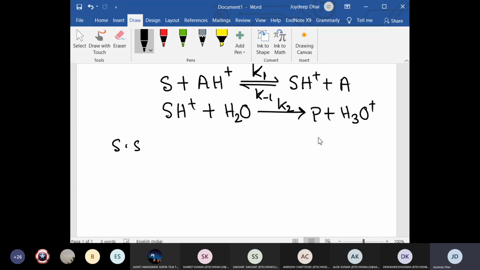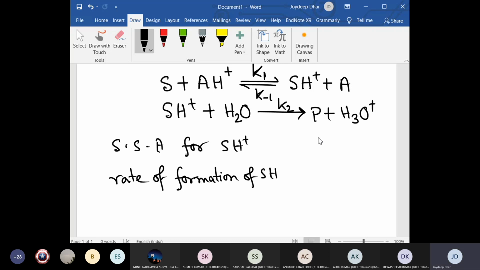So, steady state approximation for SH+. What is the steady state approximation? The rate of formation of SH+ will be equal to the rate of consumption of SH+.